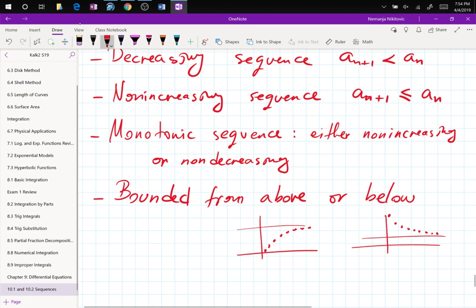And if it's bounded from both sides, we just call it bounded. Increasing, non-decreasing, and decreasing, non-increasing, monotonic, bounded above, bounded below, and bounded. So those are the words.